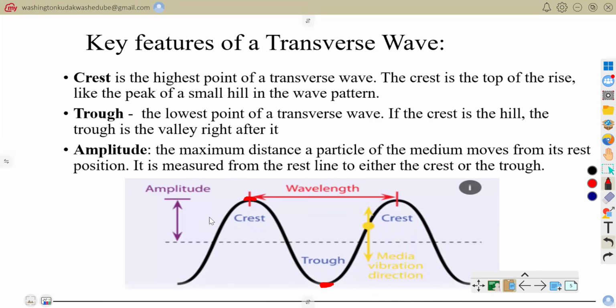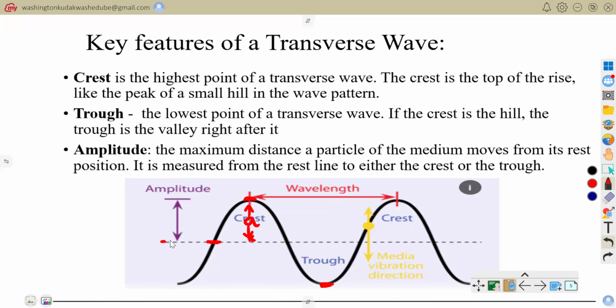The maximum displacement of the particles of the medium within which the wave is propagating is what we refer to as the amplitude. That maximum distance within which the particles are displaced is the amplitude. So the amplitude is the maximum distance a particle of the medium moves from its rest point.